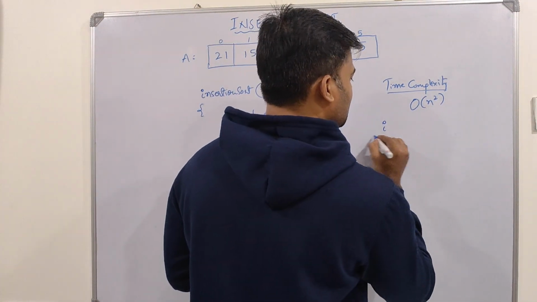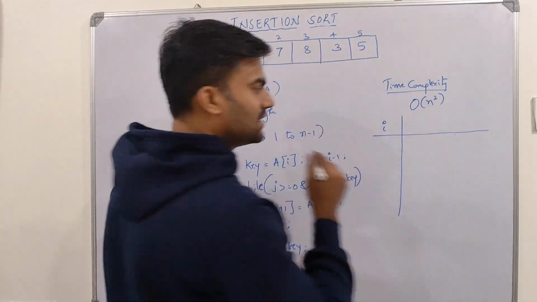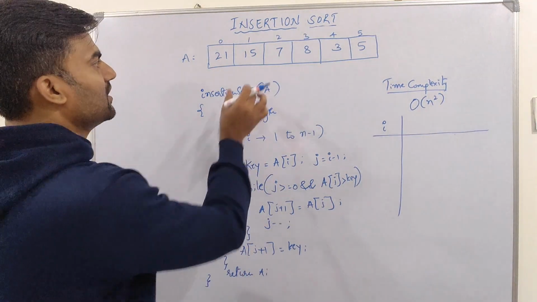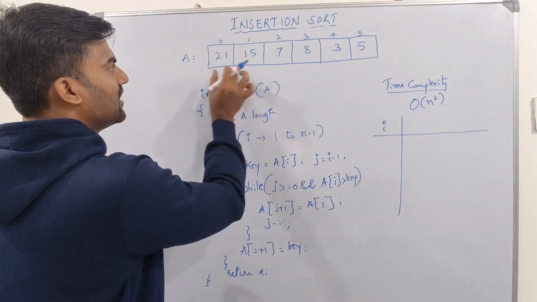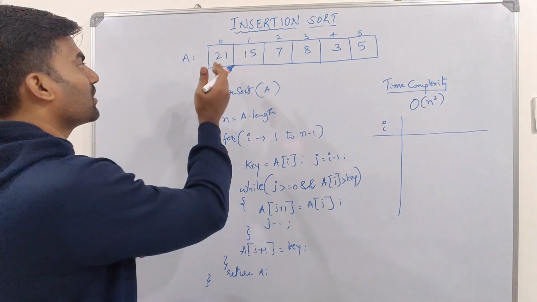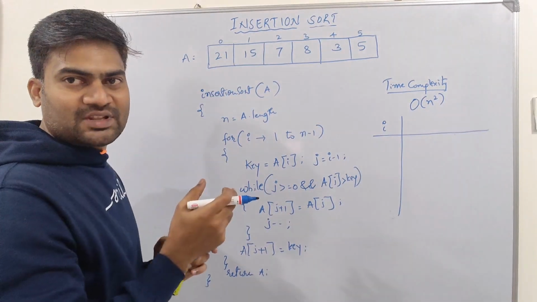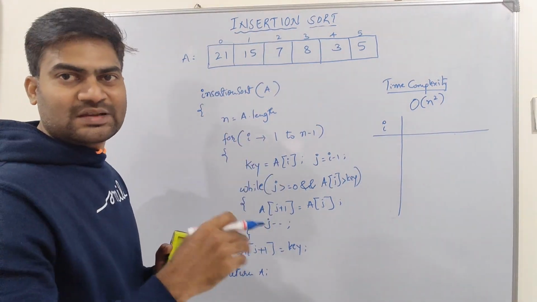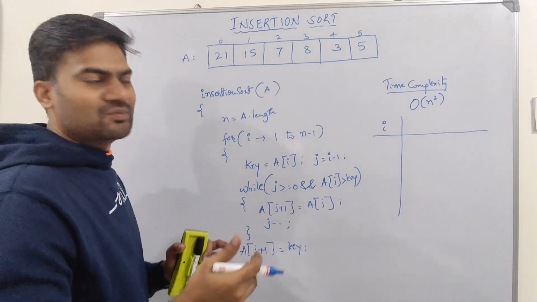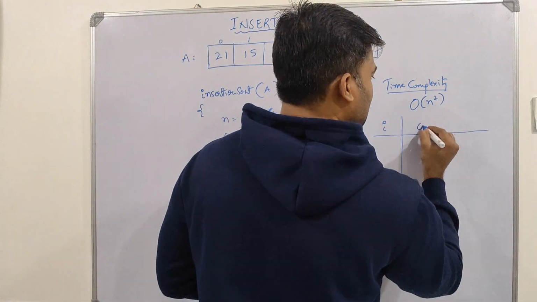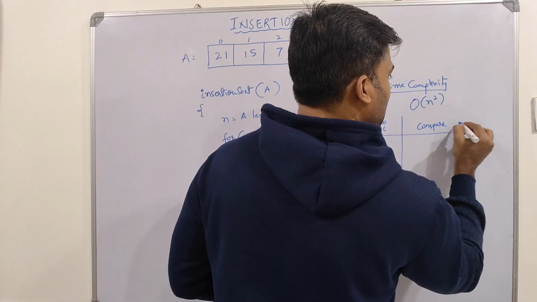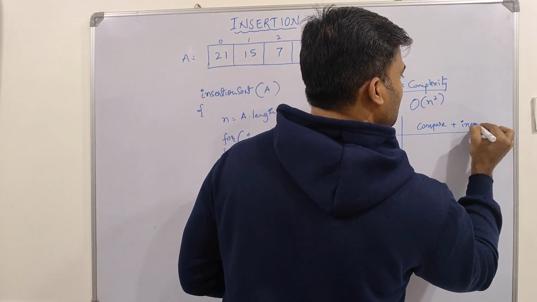So this is value i, and we started from 1 and looked backwards, we compared something and then did some replacement, or some insertion. So basically we need compare, then some insertion.